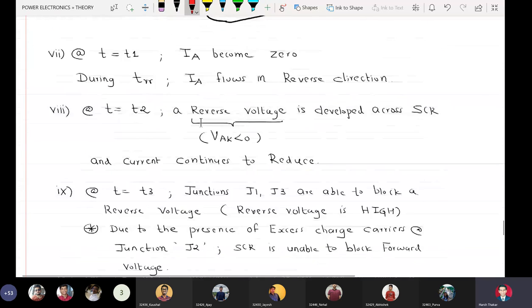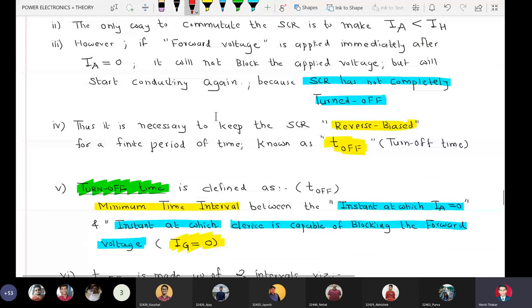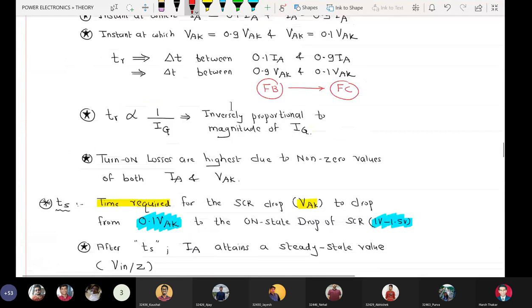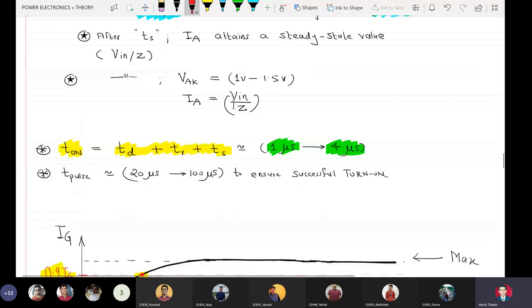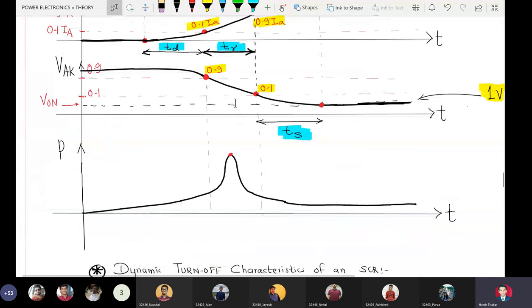Okay. So what is the turn on time of an SCR? 1 to 4 microseconds.